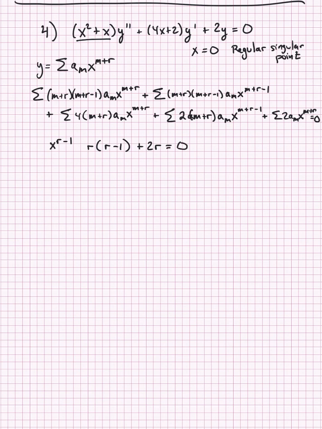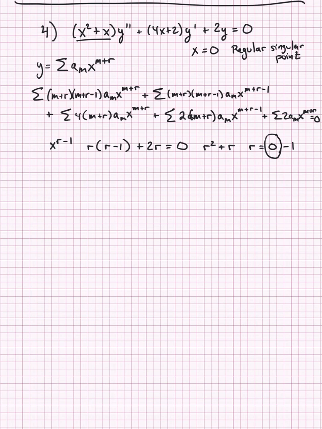In other words, r squared plus r, and again we end up with r equals 0 and negative 1 as the possible values of r. And again, we know that r equals 0 is going to work because that's the larger root.